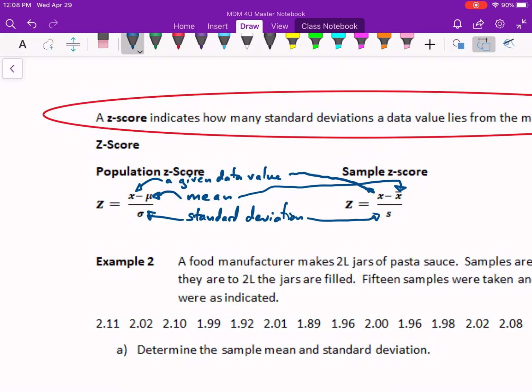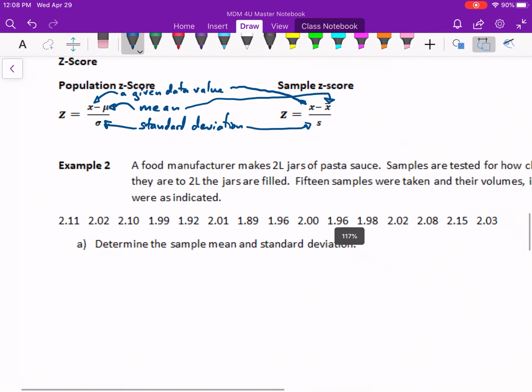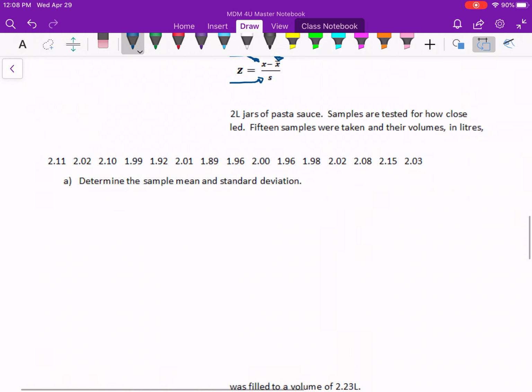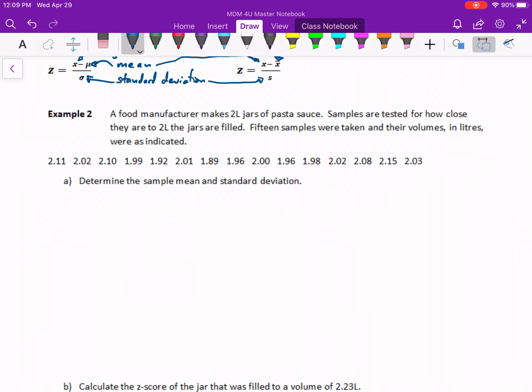All right, so let's see how that works. A food manufacturer makes 2-liter jars of pasta sauce. Samples are tested. Samples, that's important to keep in mind, are tested for how close they are to 2 liters. 15 samples were taken. That 15 samples means that that's our little n.